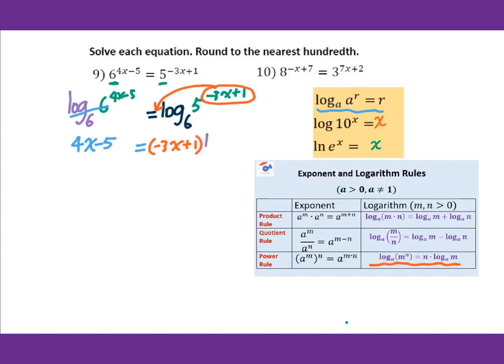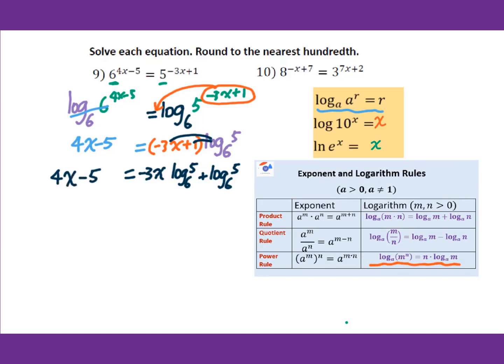Then we got log base 6 of 5. Then we got to do the distributive property here. You will get negative 3x log base 6 of 5 plus log base 6 of 5. Over here is 4x minus 5.